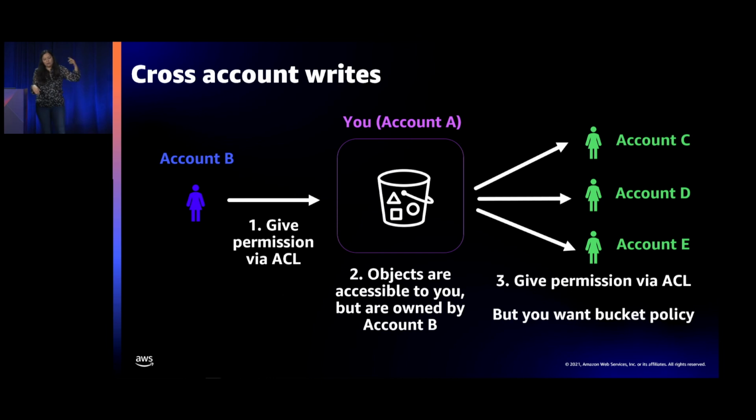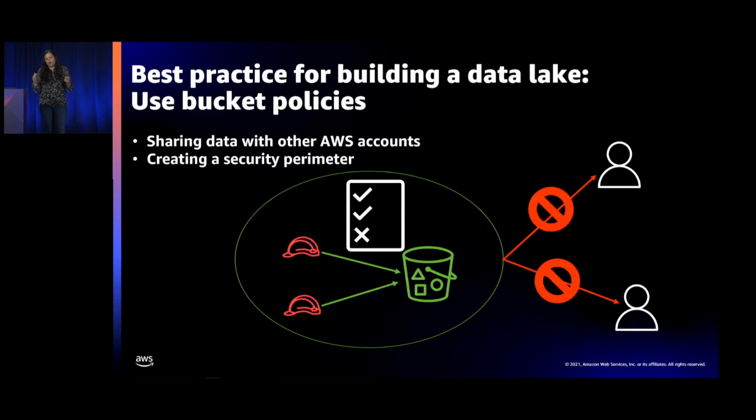Second, whenever account B writes data to your bucket, objects are owned by account B. And third, because you don't own the objects, you cannot use bucket policy to give other accounts access. You have to do that through ACLs or access control lists. And this can present challenges such as enforcing bucket policies to objects owned by the bucket owner in account A. And we think that bucket policy is the modern best practice approach to sharing your data with other users.